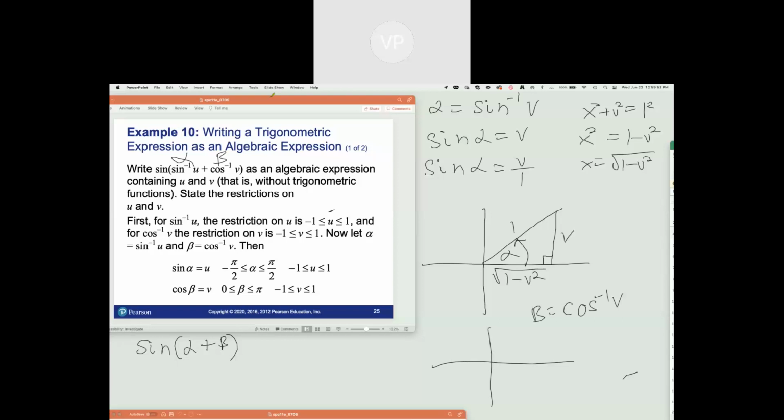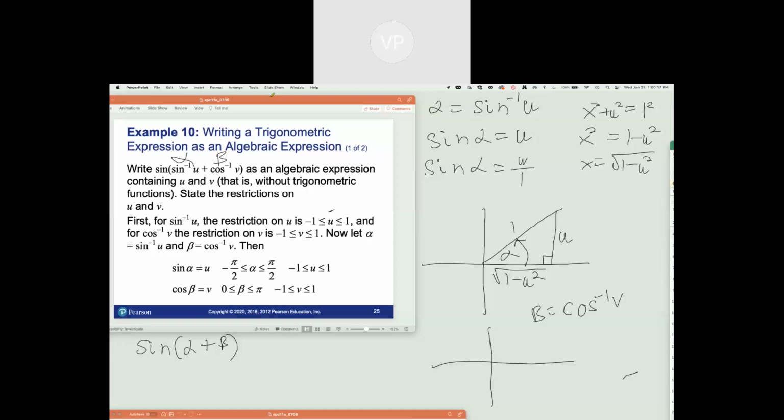And I'm sorry, I wrote v when I should have done u right here. Apologies, I can fix that very quickly. Sorry, the sine was supposed to be u's. So that's a u over 1, and when I do the Pythagorean theorem, it's the square root of 1 minus u squared. So that's all it was.